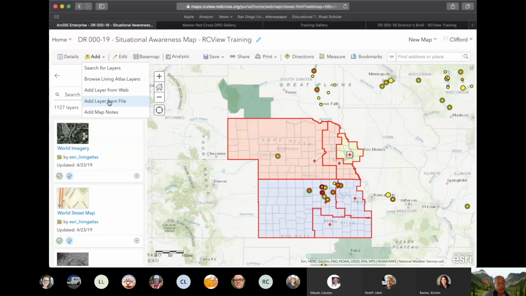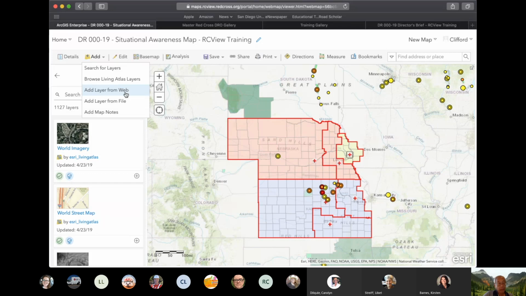I have a spreadsheet of where I'm planning to do my home fire campaign for the week, with the addresses. I would use this capability to import a spreadsheet with addresses. It would then geocode those addresses to a lat long and present them on the map itself.